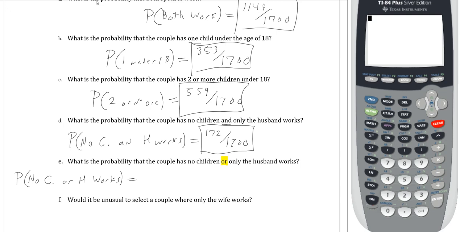What we're going to do is take the probability of no children, plus the probability that the husband works, minus the probability of no children and the husband works.